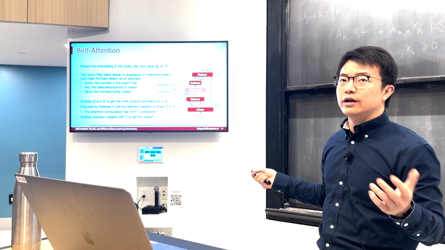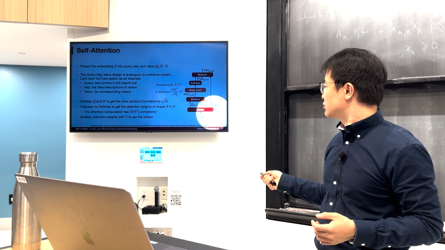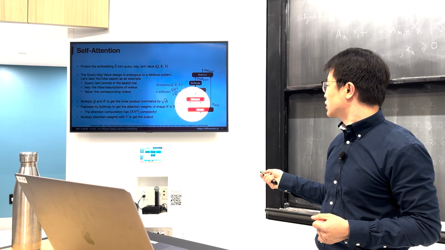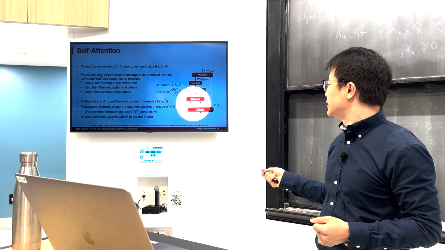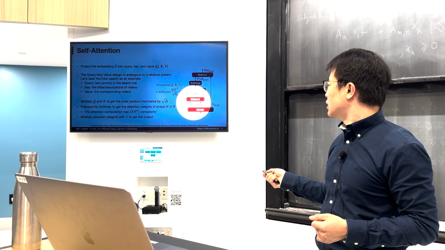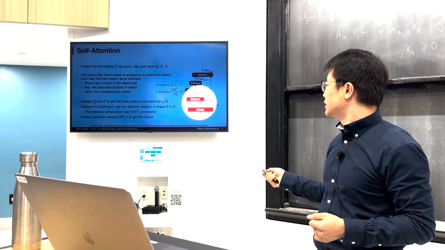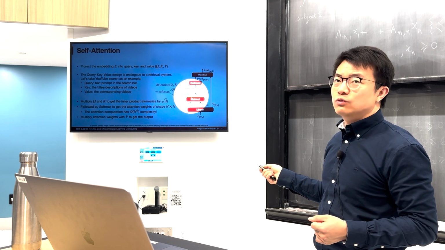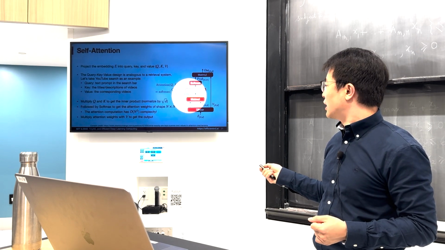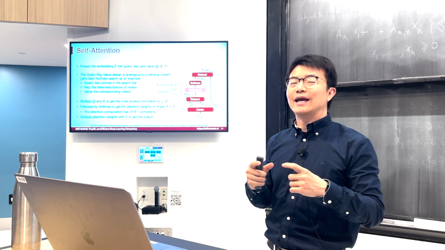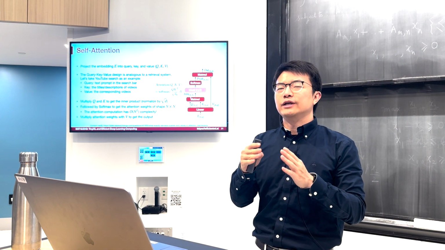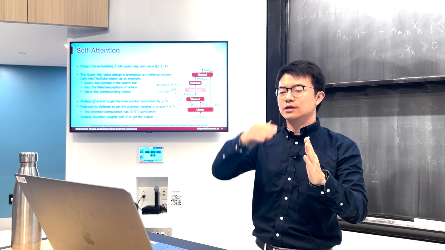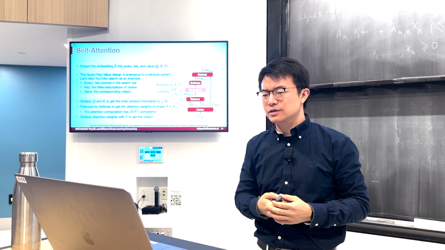We divide it into 3 parts by passing through three matrices, query, key, and value. And then we take query times K transpose. We get the attention, which is an n by n matrix. The n by n matrix indicates the relationship between each token. Since we have n tokens and n tokens, we get a square matrix.